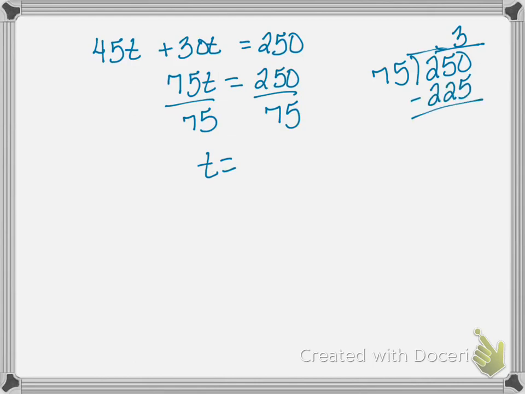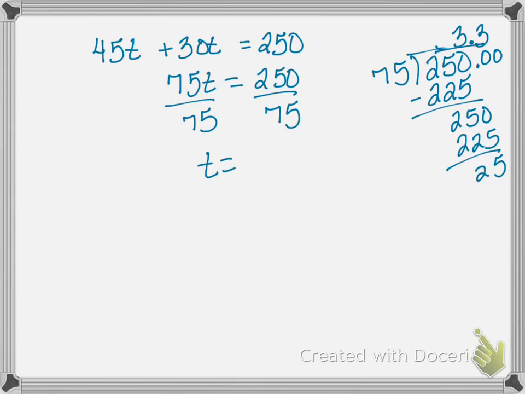Okay? Now, I have a remainder of 25. Now, I can handle this in lots of different ways. Okay? I can put a decimal. Okay? And I can say 75 goes into 250 3 times, and I can continue to repeat that pattern. And I see that I have a repeating decimal.